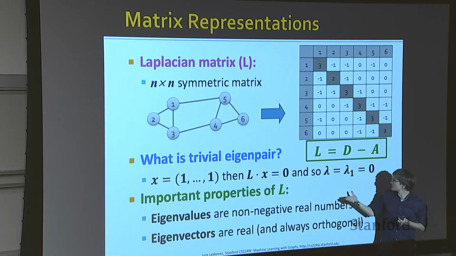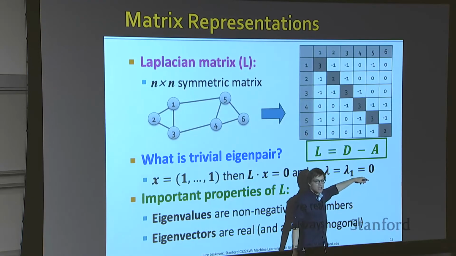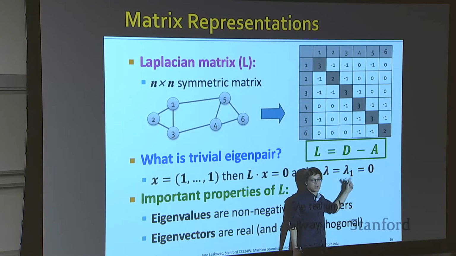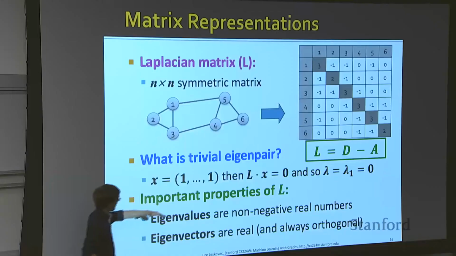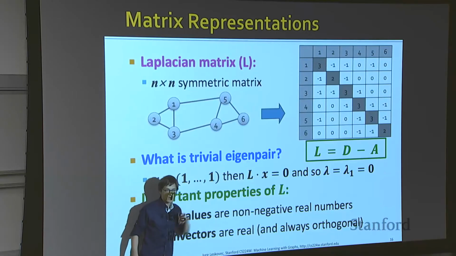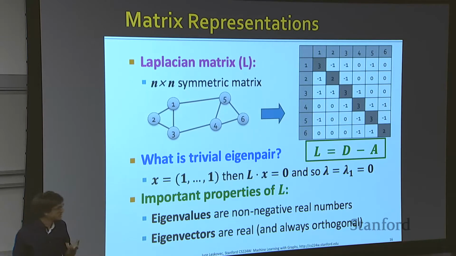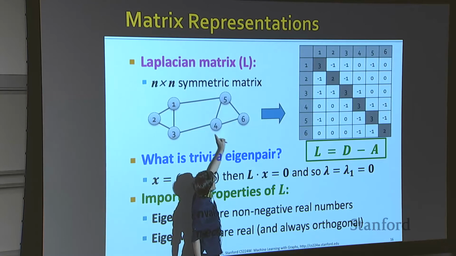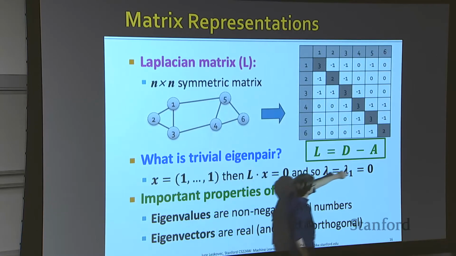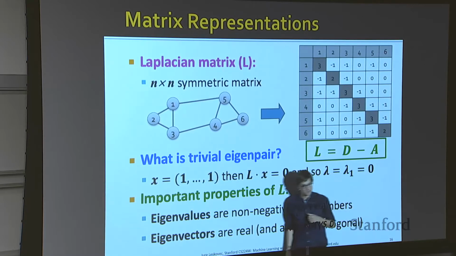This means x is an eigenvector with a corresponding eigenvalue of 0, and that's the smallest eigenvalue in our case. So this is the first important property: the vector of 1, 1, 1 is the eigenvector with the trivial eigenvalue of 0. The reason is that we added a self-loop on every node, and we added the degree. So if you sum the row, the sum equals 0.